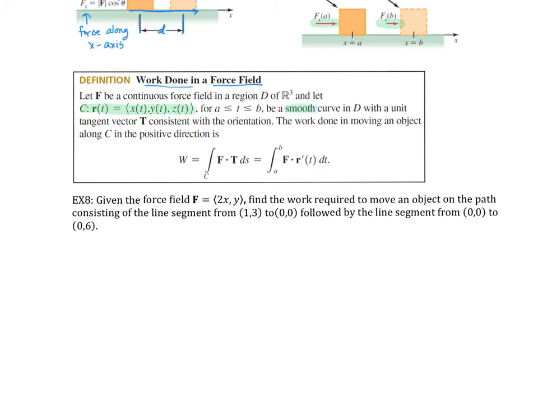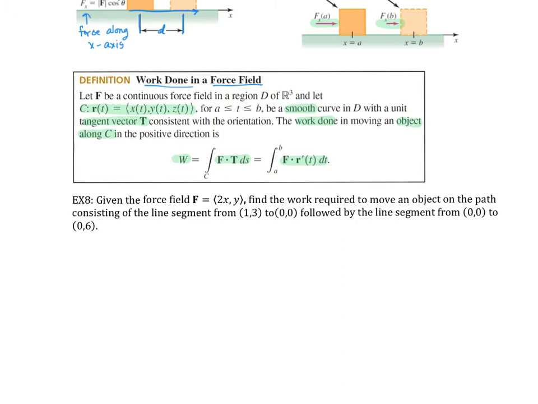It still has to be smooth or else we have to break up our work into different integrals. And let's say that we have our unit tangent vector T consistent with the orientation of this curve. Then the work done in moving this object along our curve, it doesn't necessarily have to be this horizontal straight line, can be just this general work formula, which is simply our line integral. Or written in terms of any parameter t, it would be the force vector dotted with the derivative of our curve.